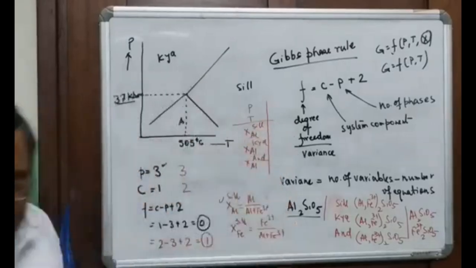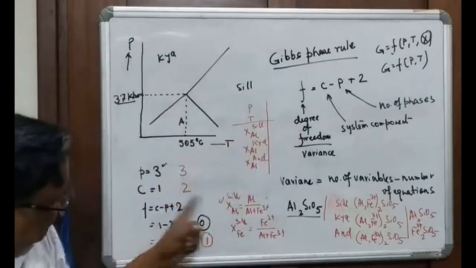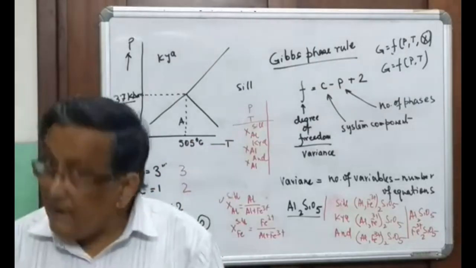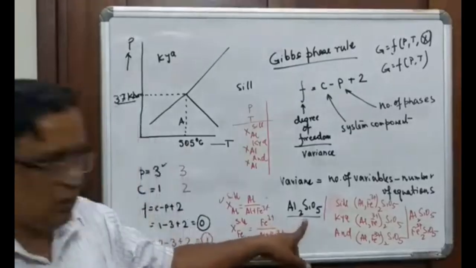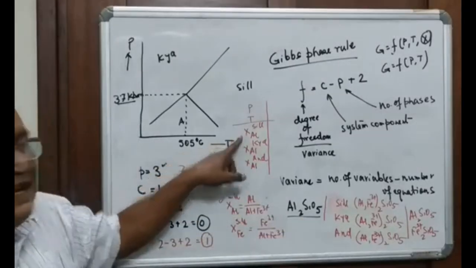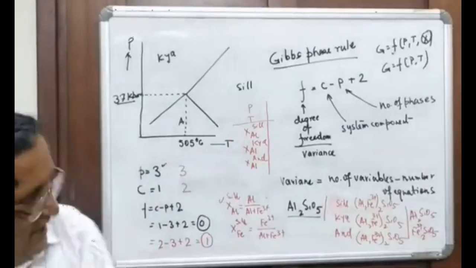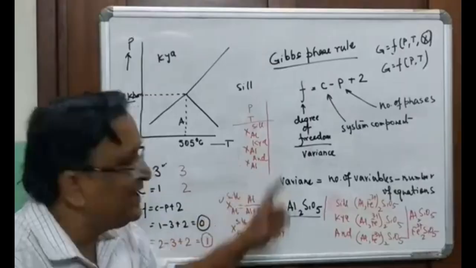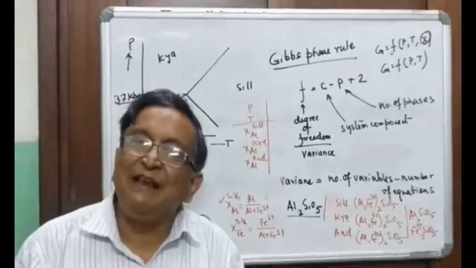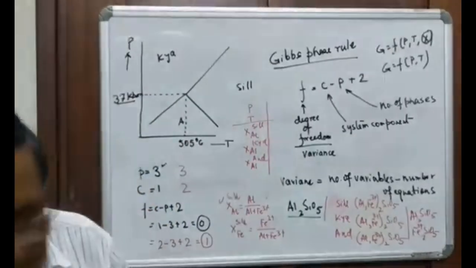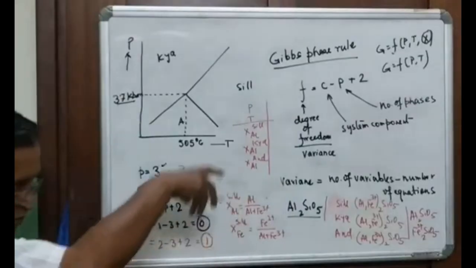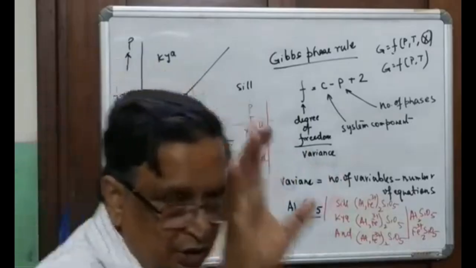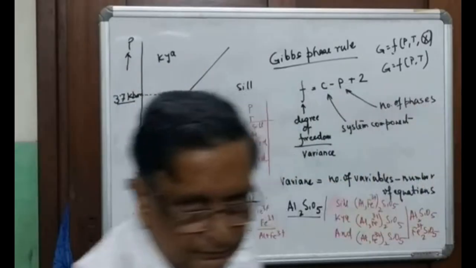Pressure and temperature are common to both black and red, but this variable comes in. Remember, if it was pure, then XAl sillimanite would have been equal to 1, XAl kyanite would have been equal to 1, XAl andalusite equal to 1. That means it is self-constrained. But right now, you don't know.